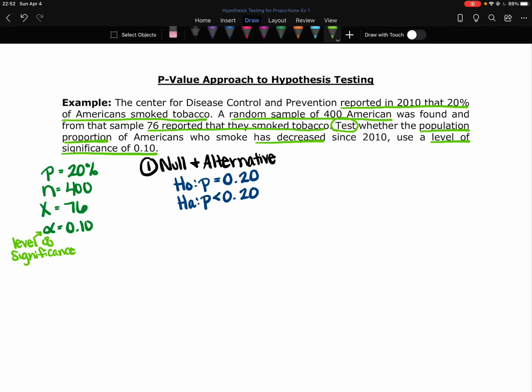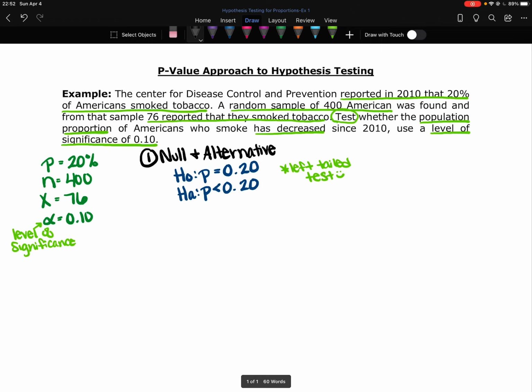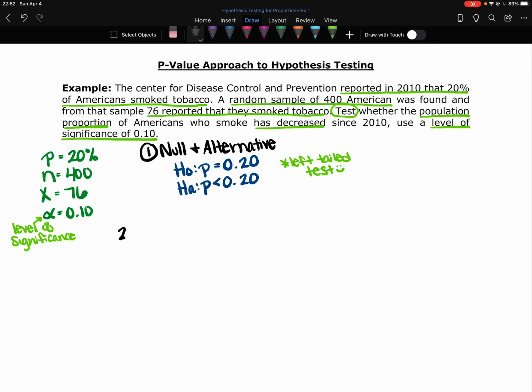And so that makes this a left-tailed test because it is a less than symbol. So I might want to remember that later. So now step 2, I'm going to calculate my test statistic.